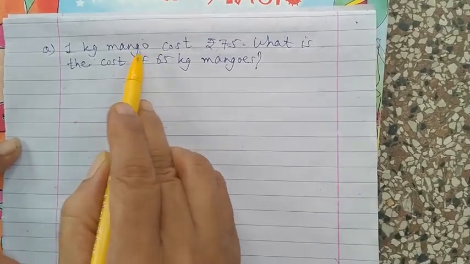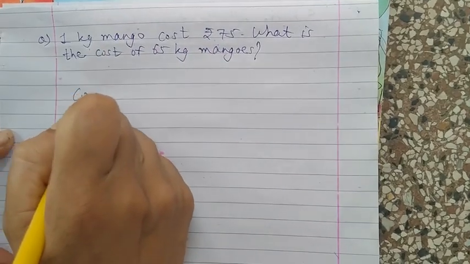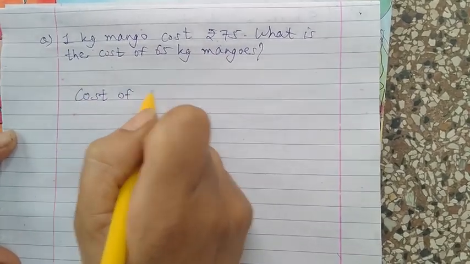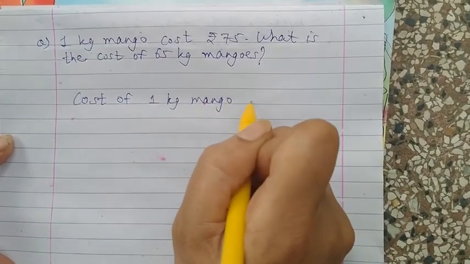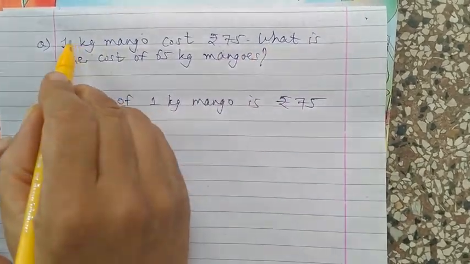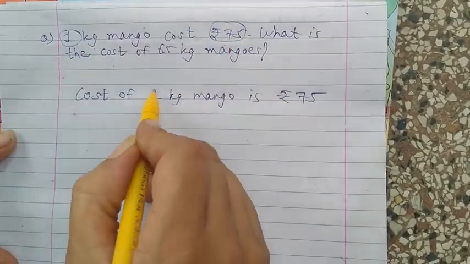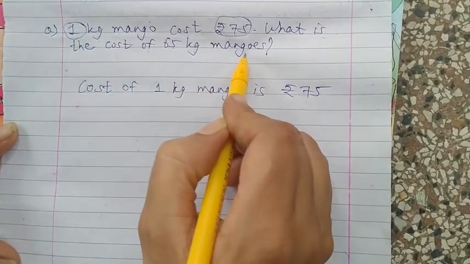1 kg mango costs rupees 75. What is the cost of 65 kg mangoes?